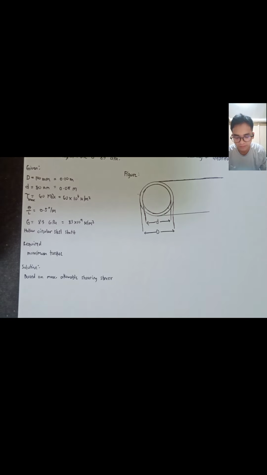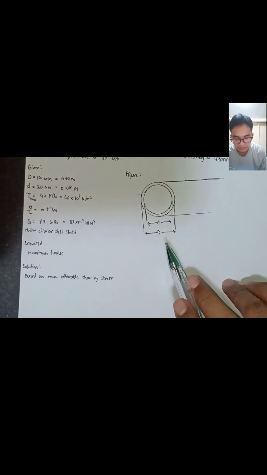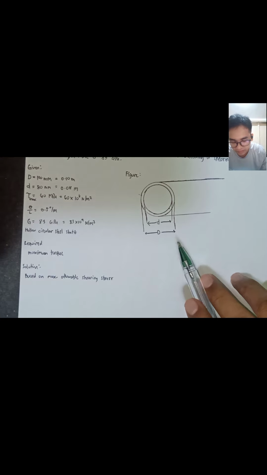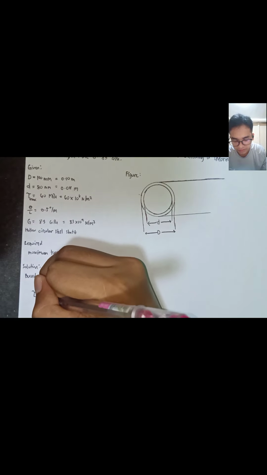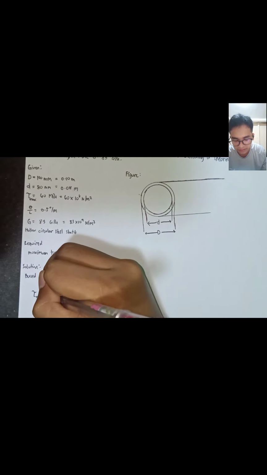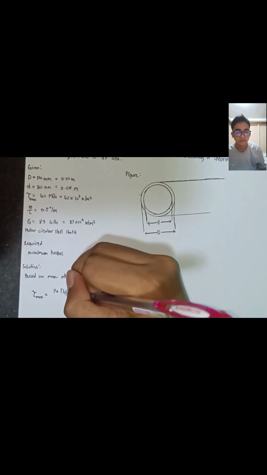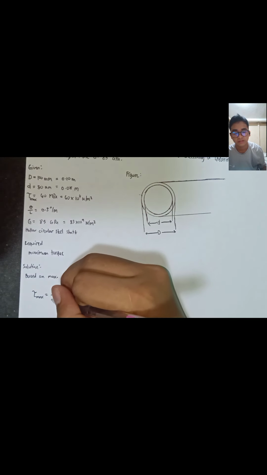ang gagamitin natin para sa shearing stress is equals to 16 times outside diameter over pi times outer diameter raised to 4 minus inside diameter raised to 4. So, ito yung ginamit nating formula kasi hollow yung nasa problem natin.